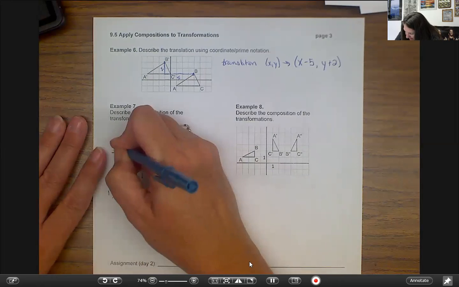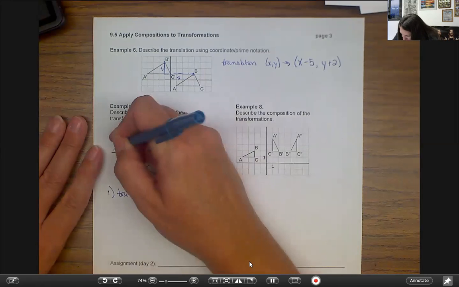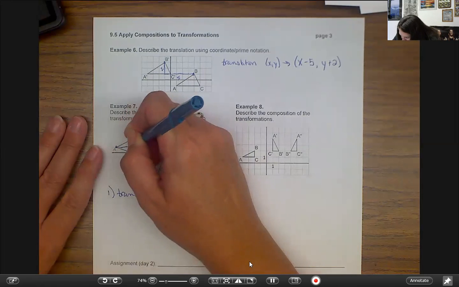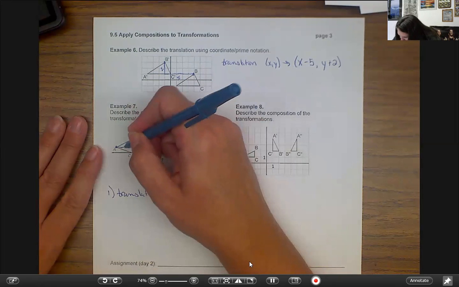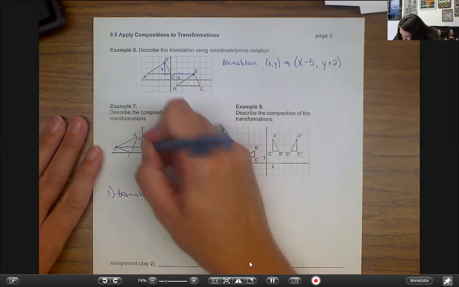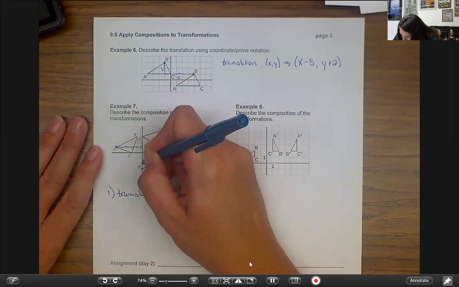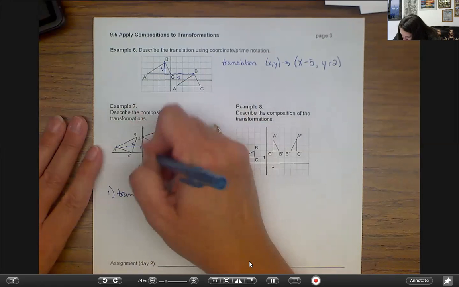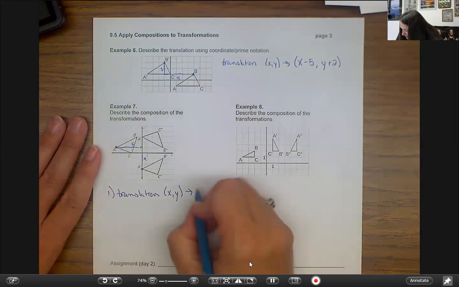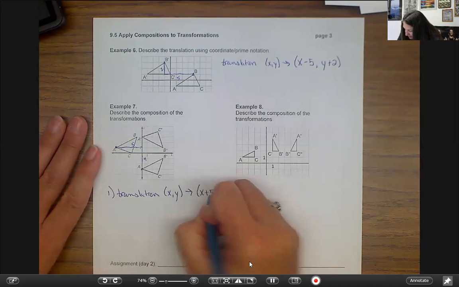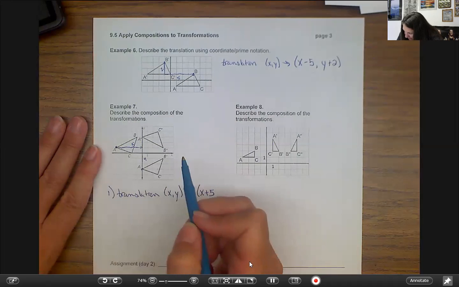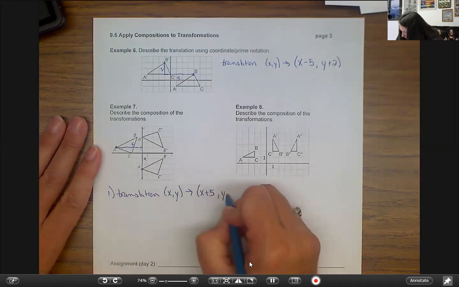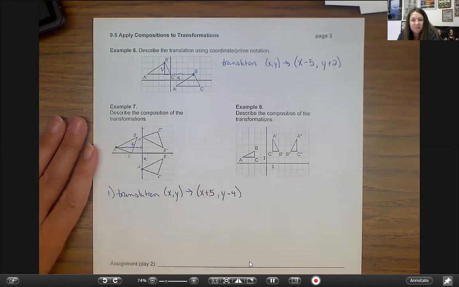I'm just going to take A to A prime. This is moving 1, 2, 3, 4, 5 to the right, and then down 1, 2, 3, 4. So 5 and 4. So this was X plus 5 because it moved to the right, and it's moving down 4, so that would be Y minus 4.